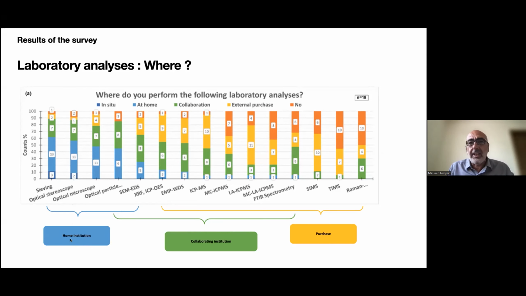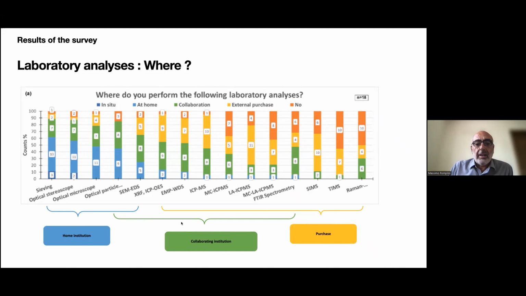For example, at INGV the sampling can be done in Catania, and the sample can be sent to Pisa, Rome, or Naples, and so on, to make more analyses. I know that the same thing happens in the USGS.